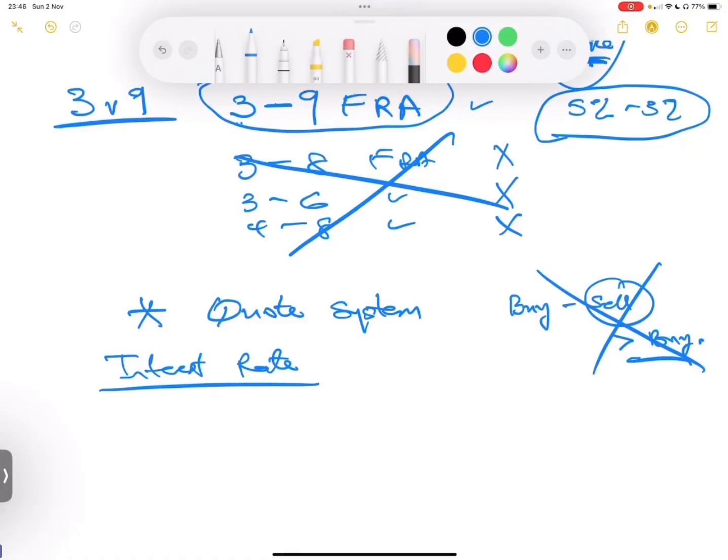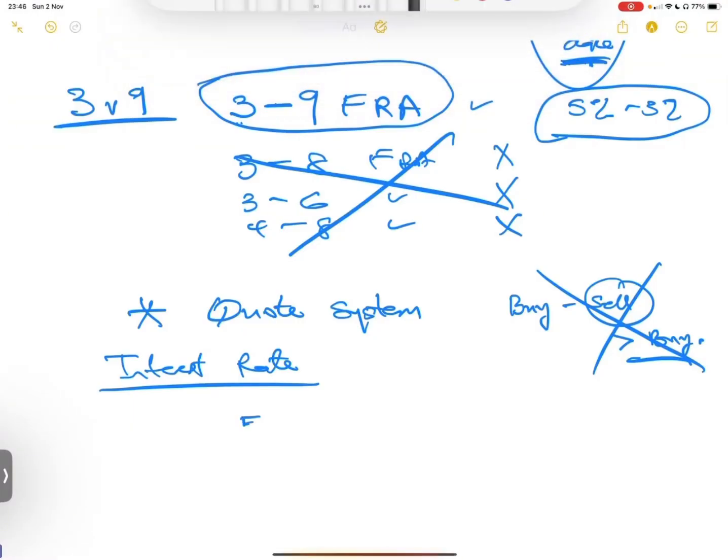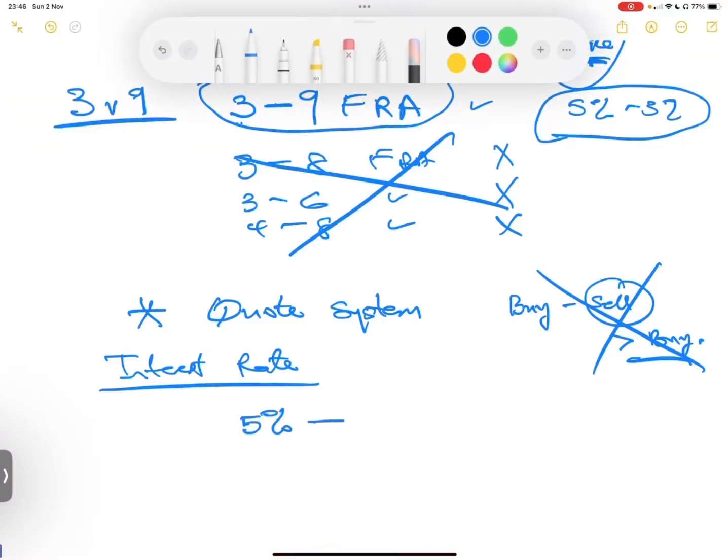So, what am I saying? Naturally, what you will see is that in interest rate quotes, usually you will see it looking like the higher rate is being written first and the lower rate is written after.